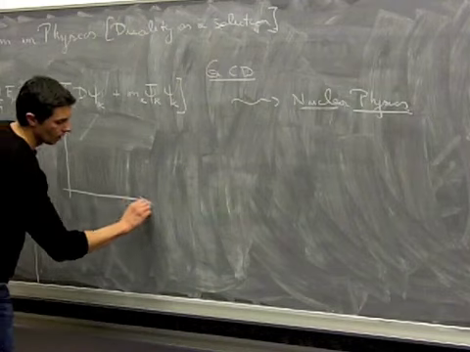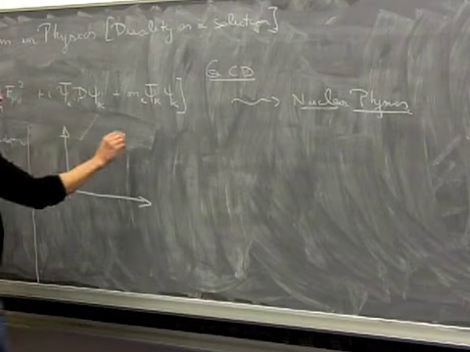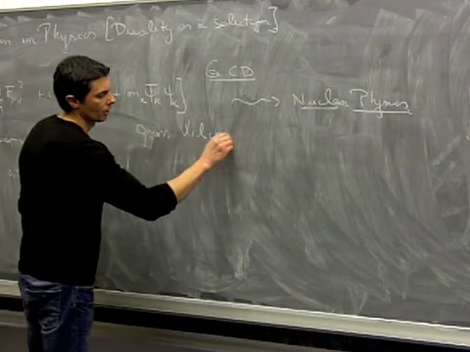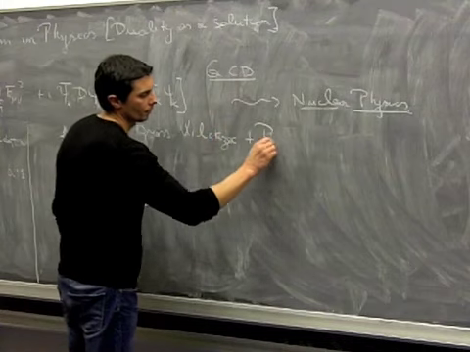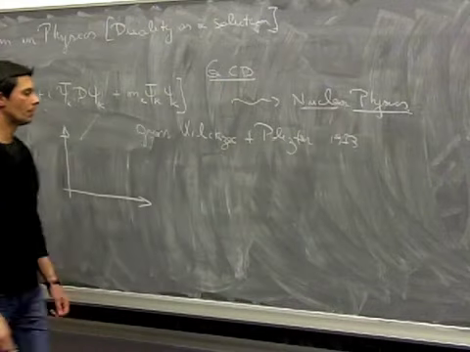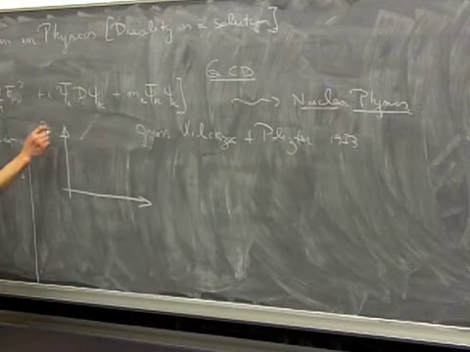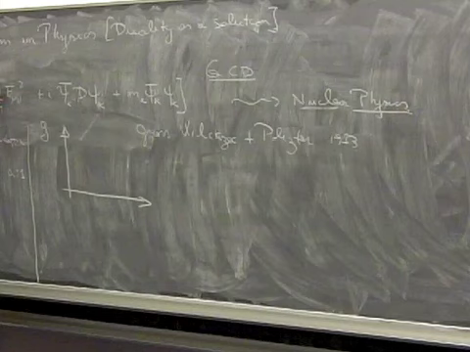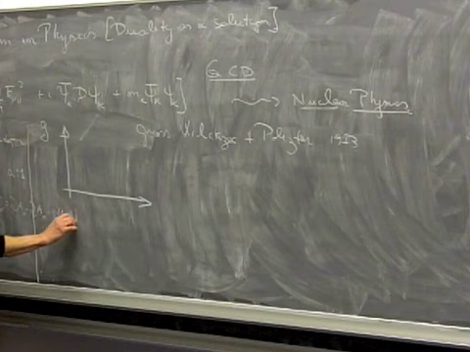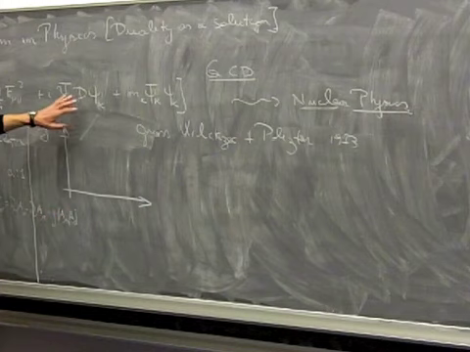Something that even the youngest part of the audience knows, and all the rest know quite well. If you compute, and this was done by Gross, Wilczek, and Politzer in 1973, the gauge coupling of this theory, the gauge coupling that, by the way, is here in the definition of F_{\mu\nu}, and it's here also in the covariant derivative.